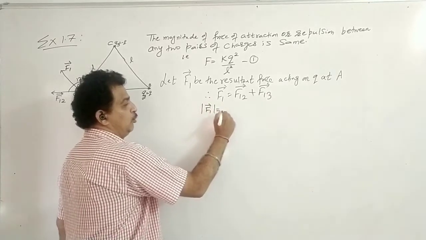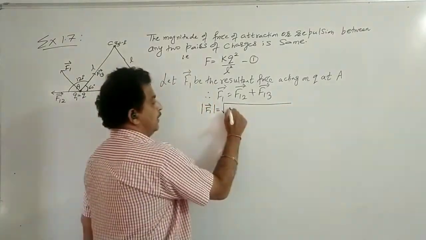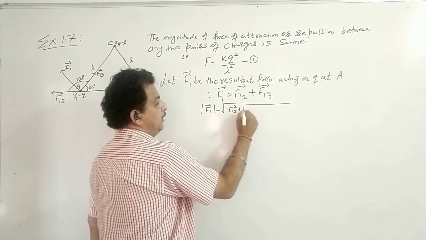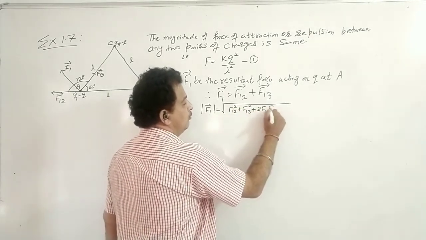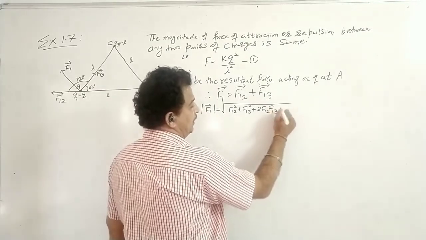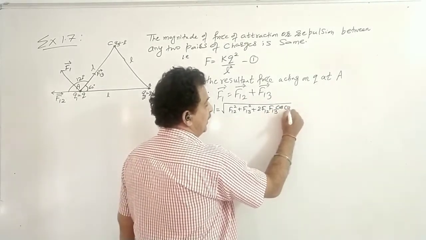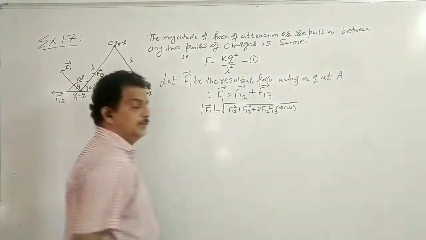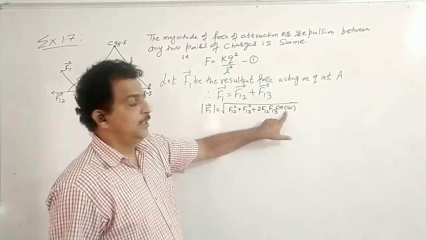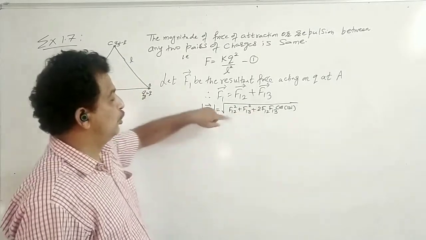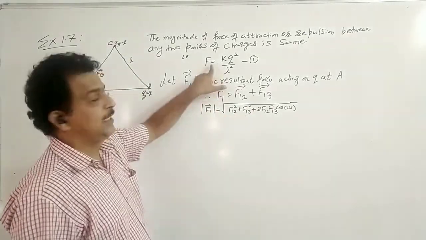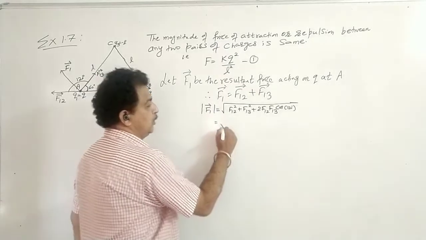So F1 will be equal to under root F12 square plus F13 square plus 2 F12 F13 cos of 120, as we did in the previous sum. Cos 120 is minus half, so 2 will get cancelled. Also F12 is equal to F13 is equal to F, that is equation 1.